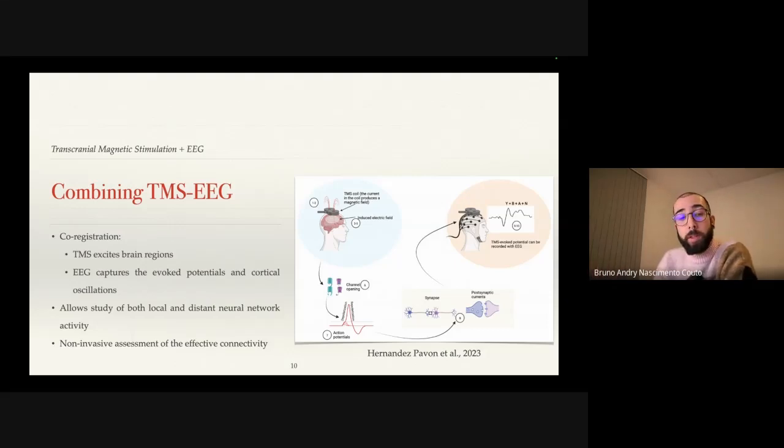With that, you have the opportunity to look at local responses close to where it's stimulated, and also distant neural network activity, because you know where you're entering the system with the coil, and you can measure the entire brain response. This is currently the unique non-invasive assessment of effective connectivity that we can have in humans.